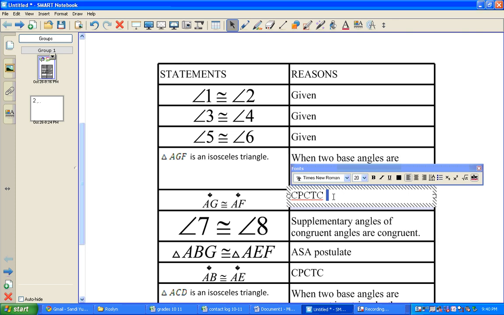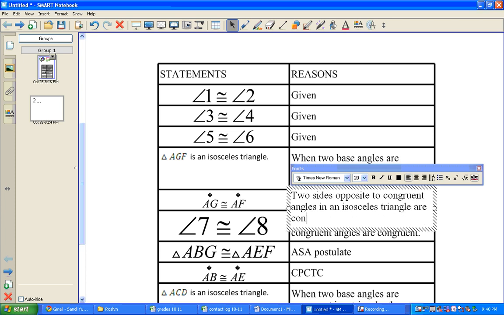This was not CPCTC, but two sides opposite congruent angles in an isosceles triangle are congruent.